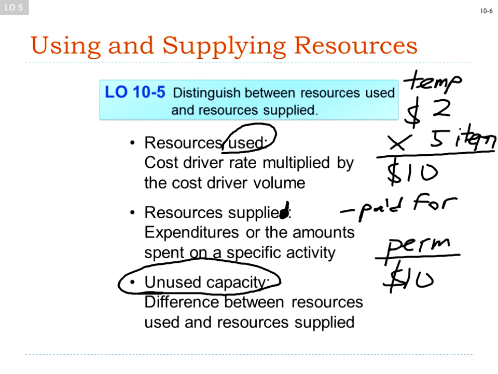So, for example, if in 1 hour they only loaded 3 items, then your unused capacity would be 2 items times $2, so your unused capacity would equal $4. Okay, so hopefully that makes sense to you. When you're talking about unused capacity, we're ultimately going to look at the dollar impact of that unused capacity.